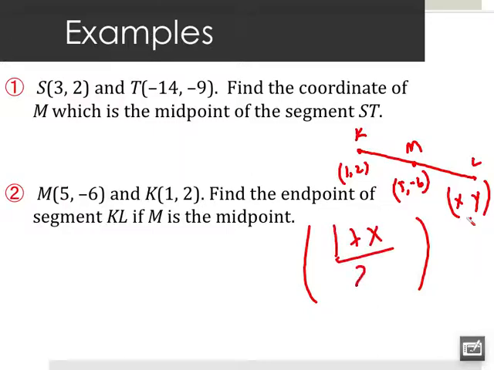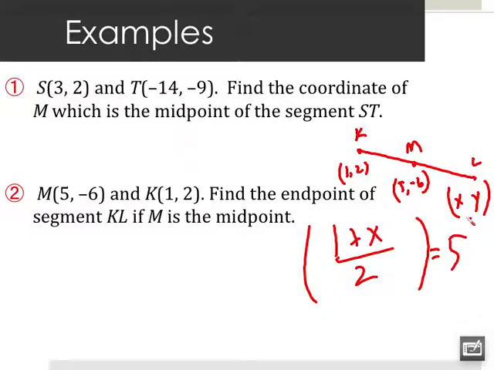Let me get caught up. And what does that have to equal? Nope. 5. Daniel? Yeah, it is Daniel. 5. Why? Because the x-coordinate for M is 5.